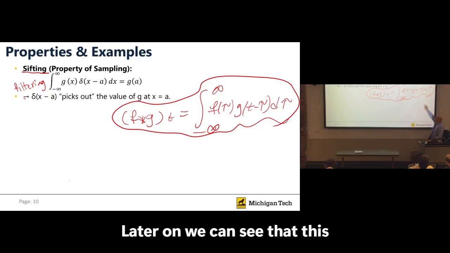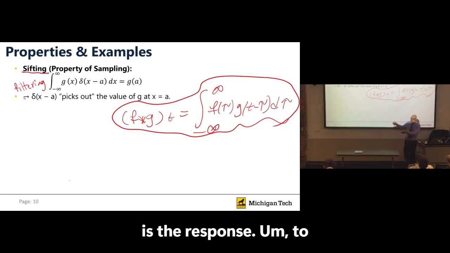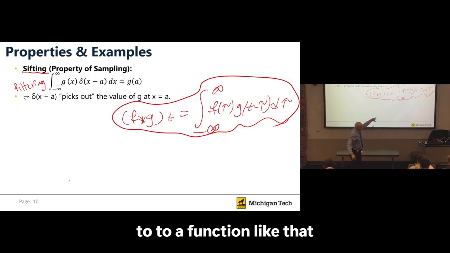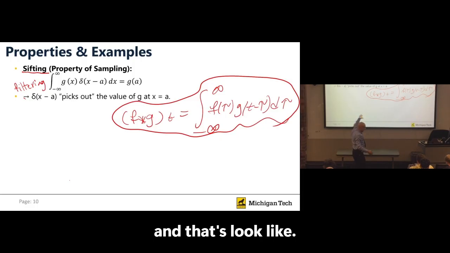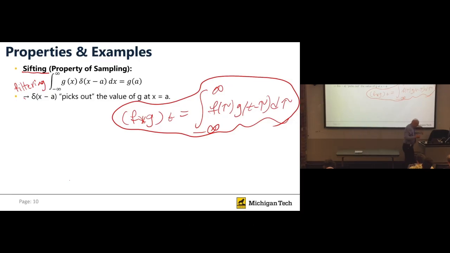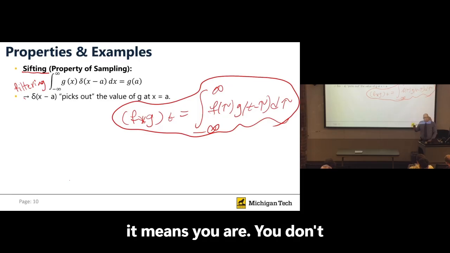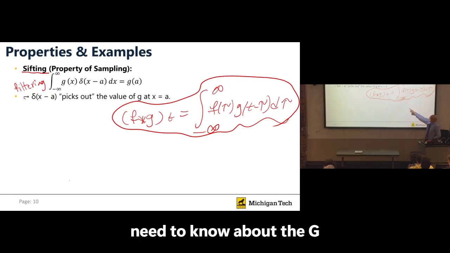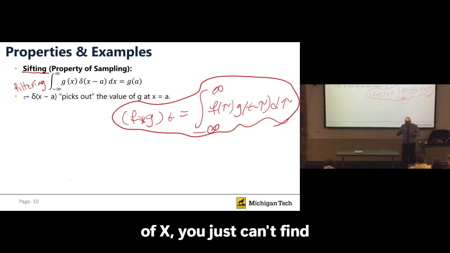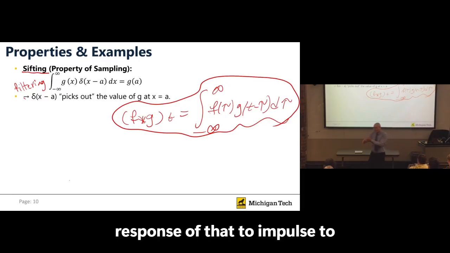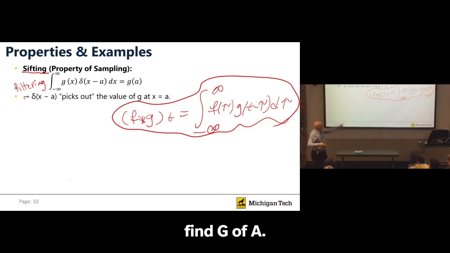Later on, we can see that this is a response to a function like that, and it looks like an impulse response. So it means you don't need to know g of x. You can just find the response of that to an impulse to find g of a.